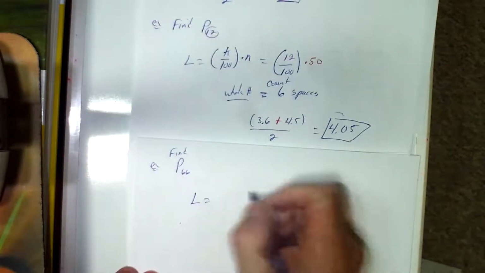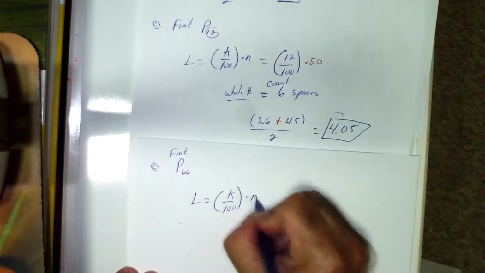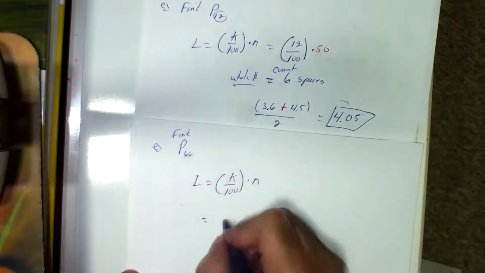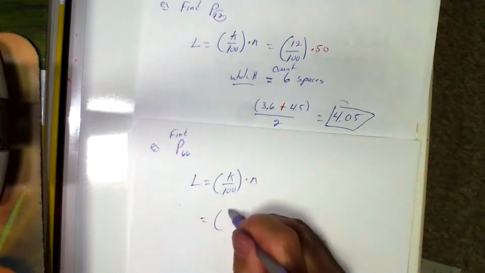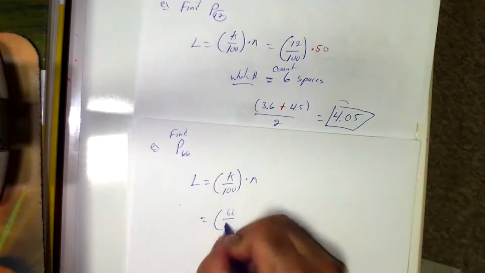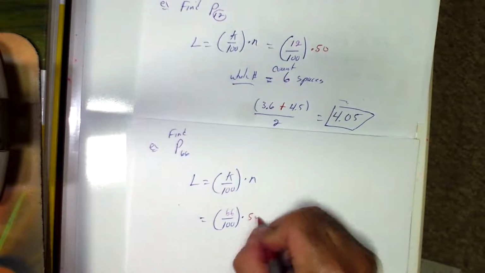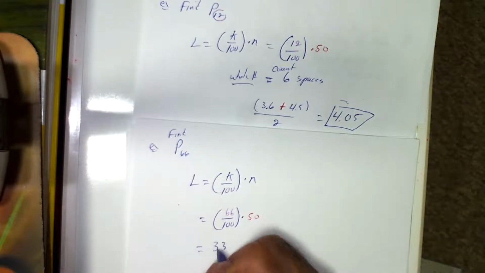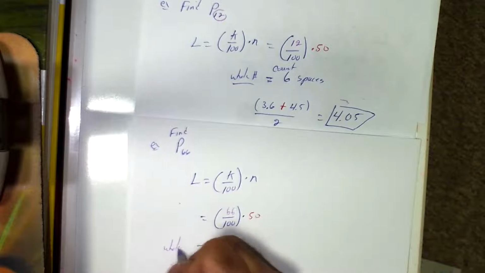So we have L equals K over 100 times N. We substitute. My K is 66, divided by 100, and we multiply it times 50. When I calculate it, I get 33. 33 is a whole number. Again, it's a whole number.